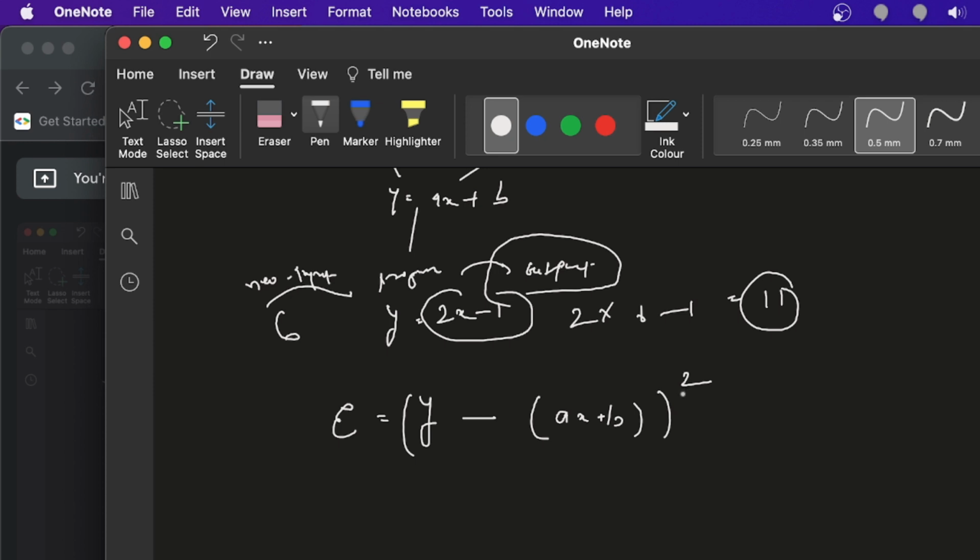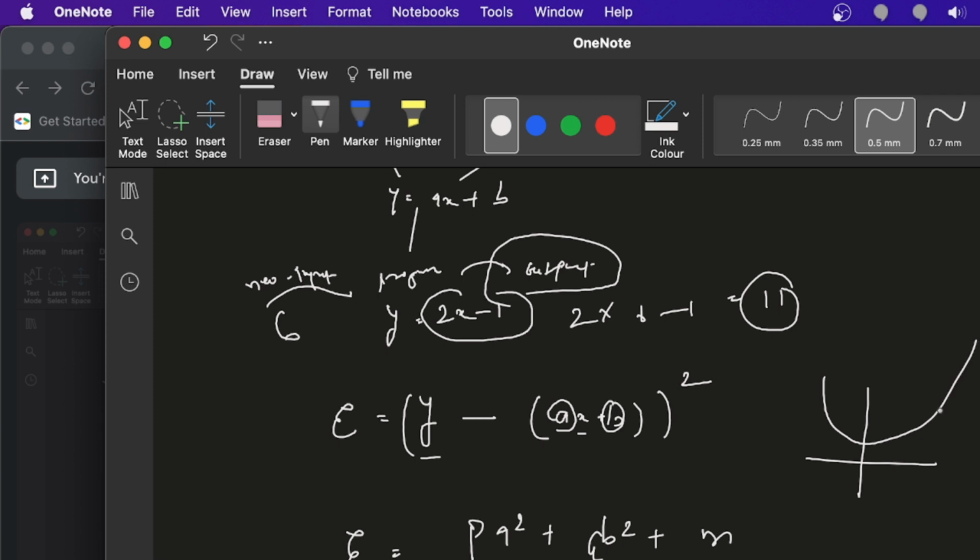If you go into this square, this value is a fixed value and this is the parameter, because we are going to predict this. Your equation of E looks like the sum of m squared terms in A and B. This is your error, and this error should be minimum.